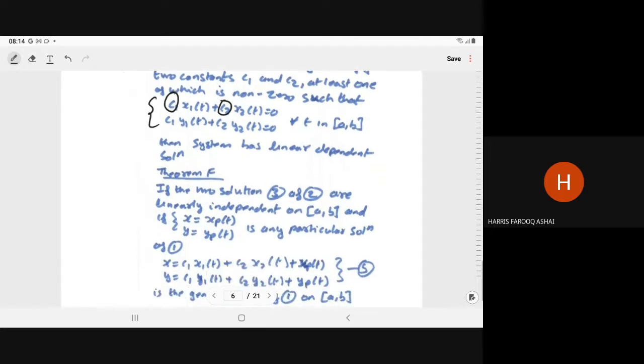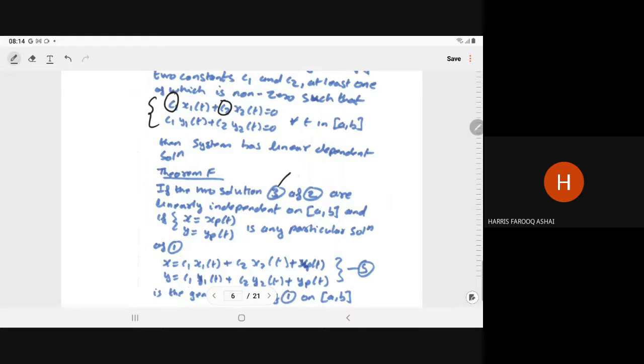Then after, theorem: if the two solutions are linearly independent on (a, b), and x = xp(t), y = yp(t) is any particular solution.